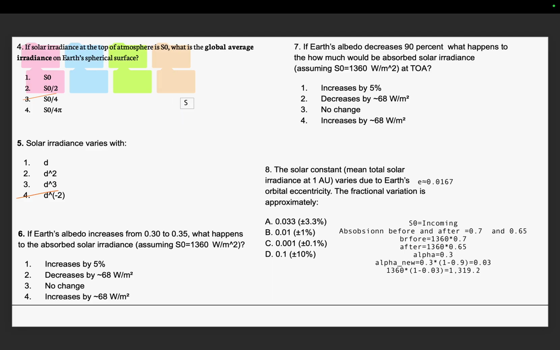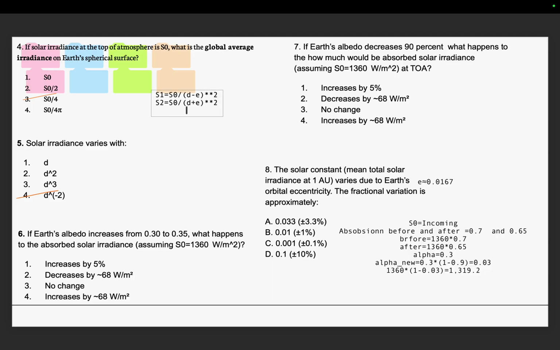So S1 is equal to S0 by d minus e square, and S2, when it is at d plus e, is S0 by d plus e square.